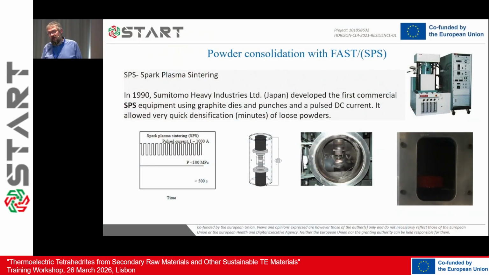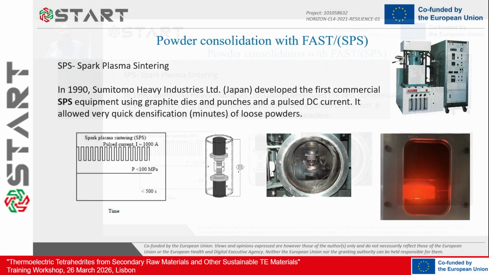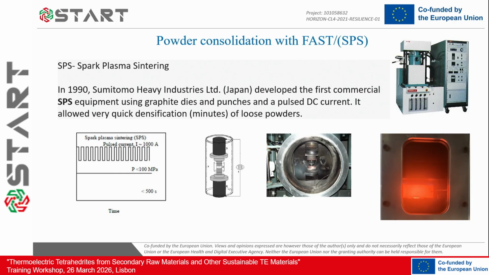The SPS instead is something developed in Japan as a way to consolidate powders in a fast way. What you are seeing here is not exactly fast SPS. It's a machine that we have, which is a current-assisted hot press.